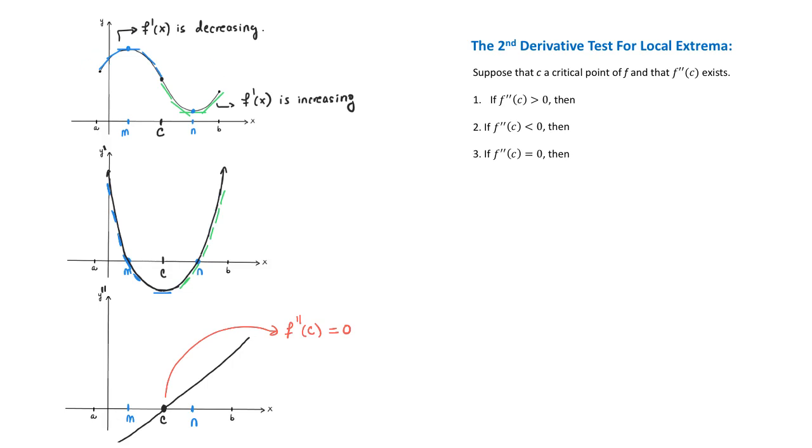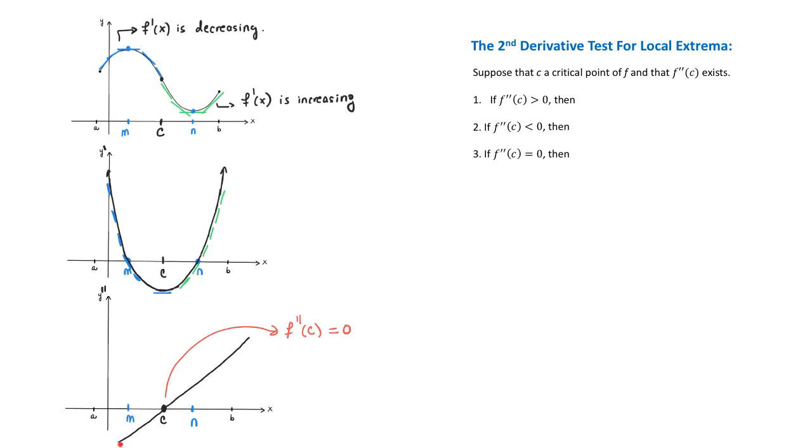Let's look at the graph above. We have critical points at m and n. So these are the two critical points of this function f of x. Then, when we transition to the first derivative at m and n, the first derivative has its x-intercepts there. But then when we transition to the second derivative, see what happens.